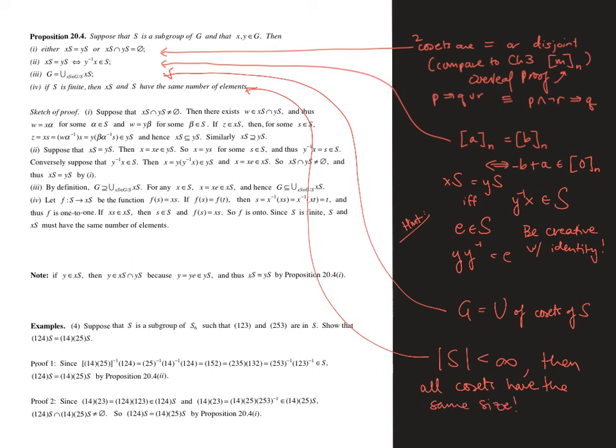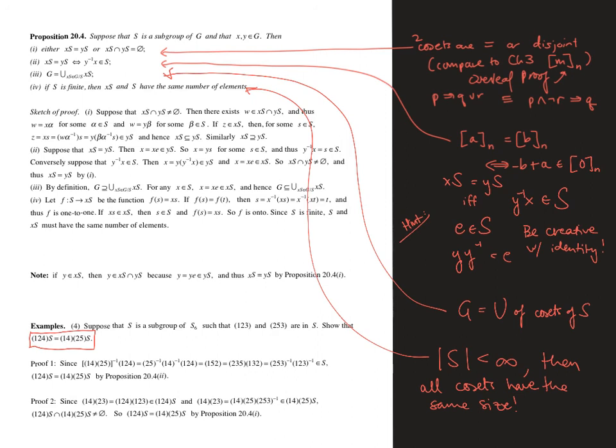There's one more example down below. We're looking at a subgroup of S6. We are saying that the permutation (1 2 3) and the permutation (2 5 3) are both in S, and we want to use some of the stuff from Proposition 20.4 to show that these two cosets are equal. So (1 2 4)S is equal to (1 4)(2 5)S. The two proofs below use different parts of 20.4.